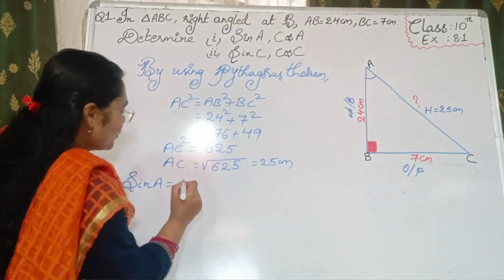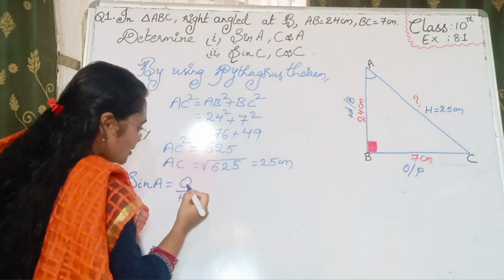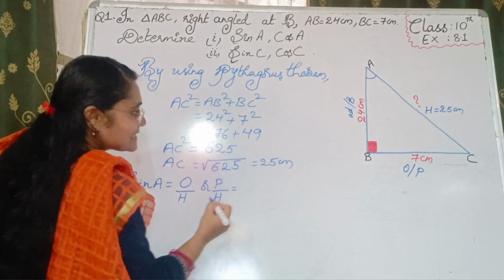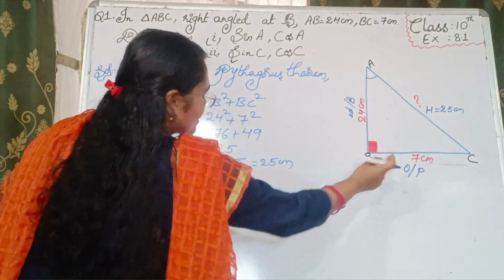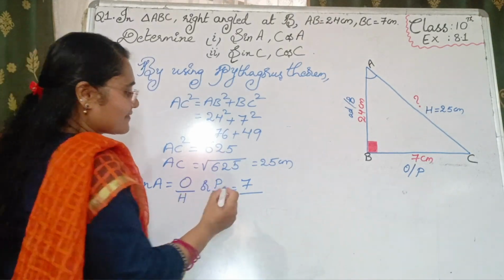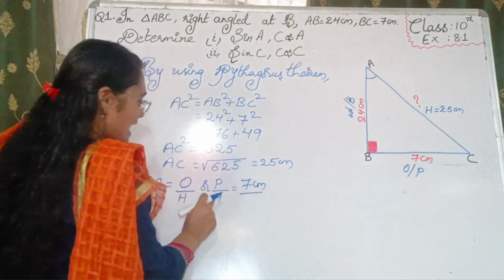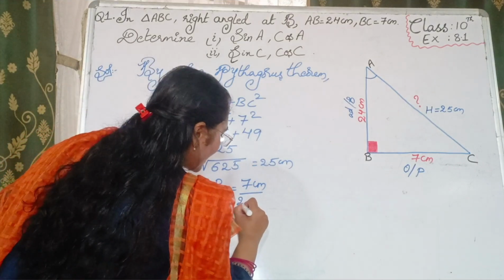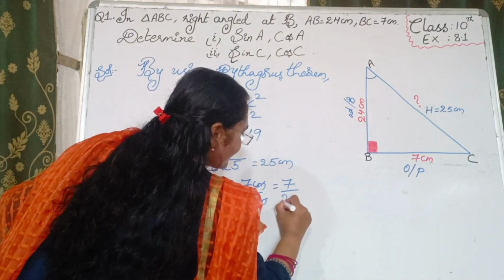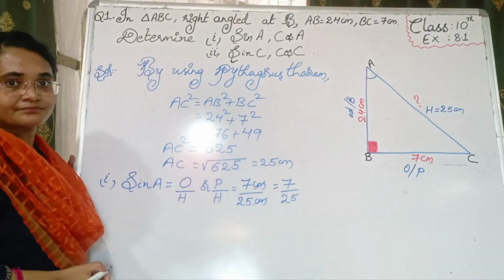So first we will write the formula. Sin A is equal to opposite by hypotenuse, or perpendicular by hypotenuse, which is 7 centimeter upon hypotenuse. Hypotenuse is 25 centimeter. Centimeter gets cancelled, and we get the answer 7 by 25.